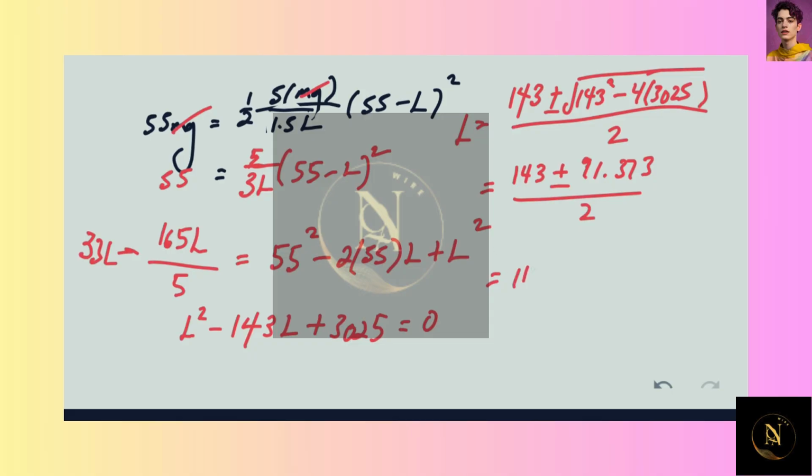We have 117 meters, or 25.8 meters. Now of course 117 doesn't make any sense since we are only jumping a distance of 65 meters. So the length that we need to use is actually 25.8 meters.